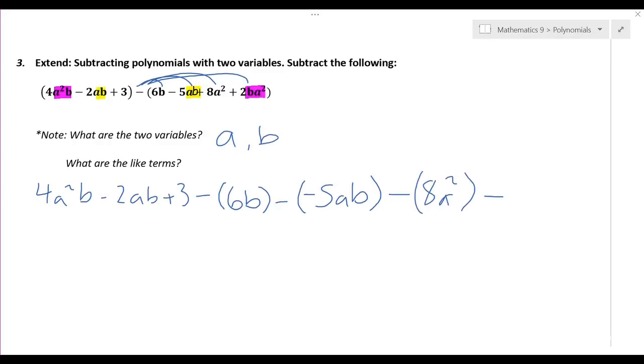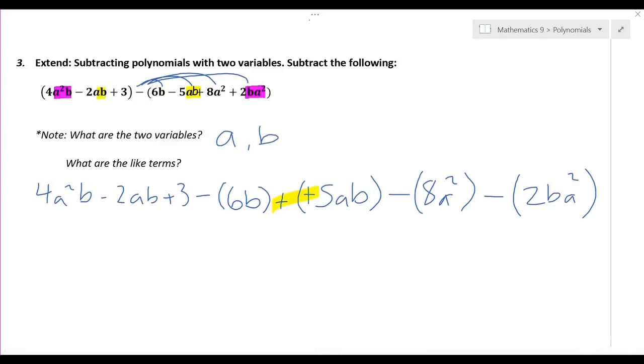And notice here we have our two negatives, which we will want to change to addition here.